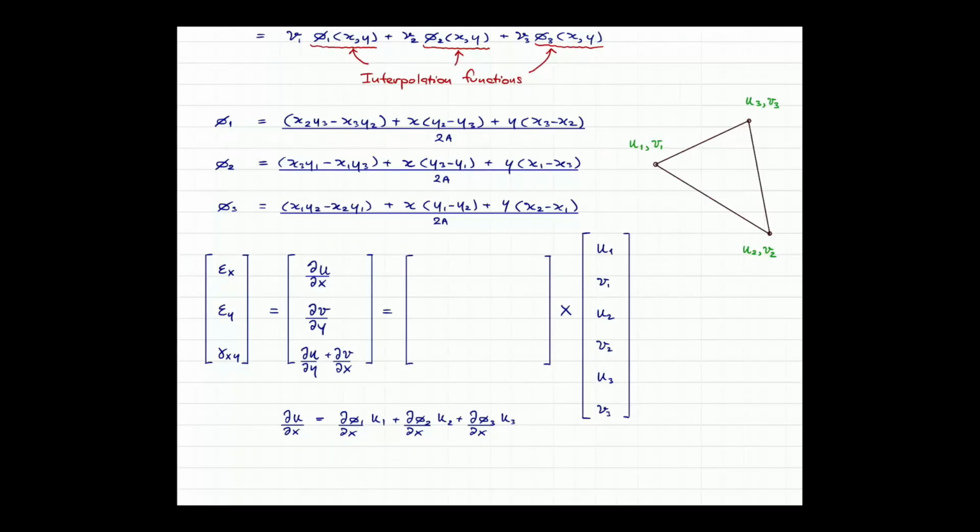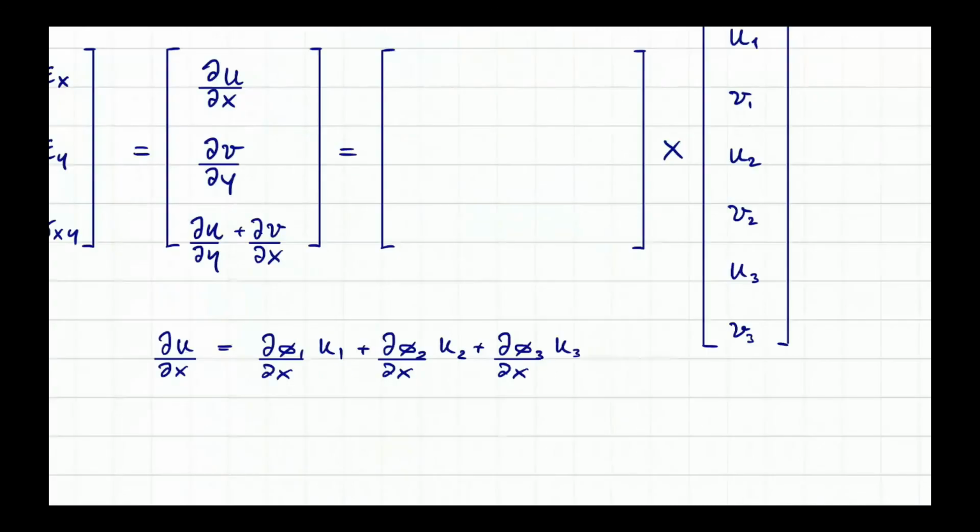Okay. So it's going to look like this for the T element, and for the derivative of u with respect to x we have 3 pieces over here. Now, this is where you will see the beauty of this formulation. We have the derivative of phi with respect to x. Previously, the formulation was made in the local coordinates.